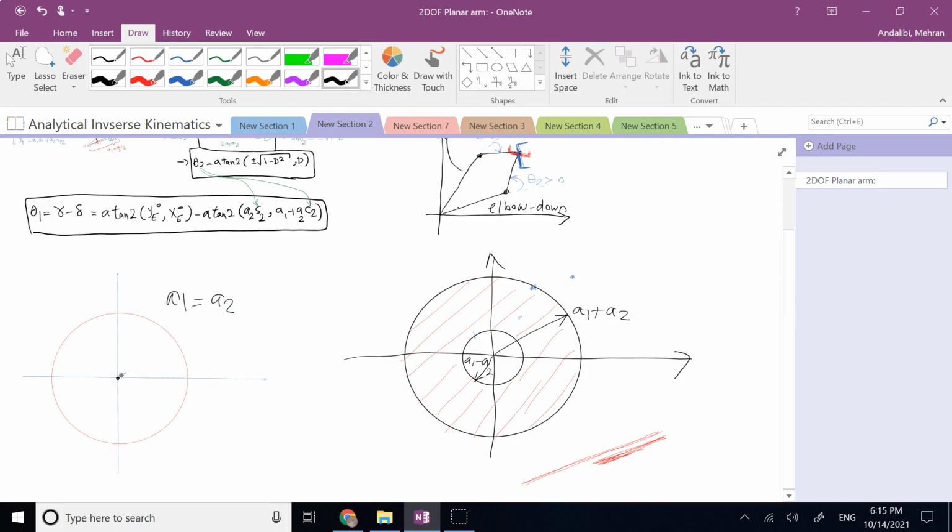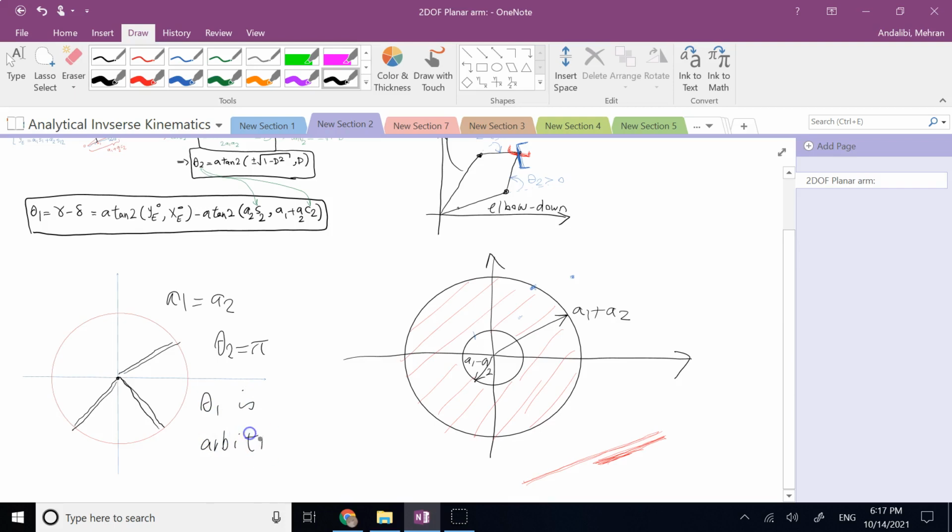Well, one member is going to be this way, the other member is going to be like that. So I can reach it this way. Or one member can be like this, the other member can be like that. Or it can be like this and then back like that. So in this scenario, theta 2 is pi and theta 1 is arbitrary. Let me write it down for you. So theta 2 is pi, but theta 1 is arbitrary.